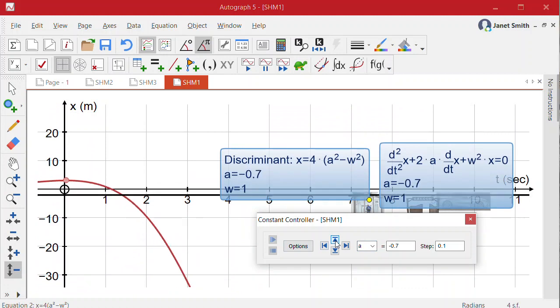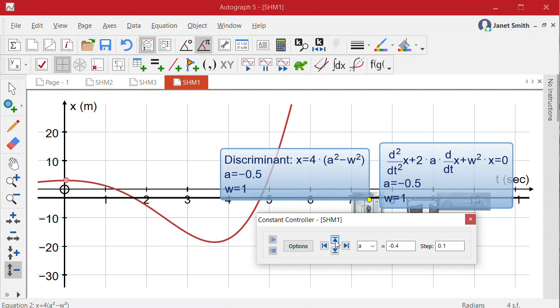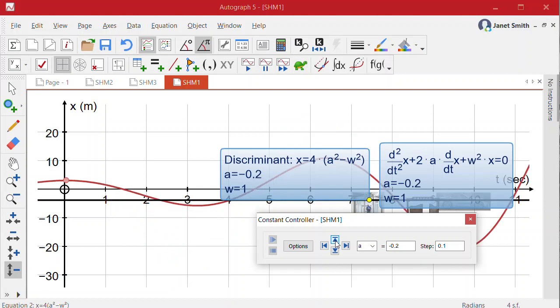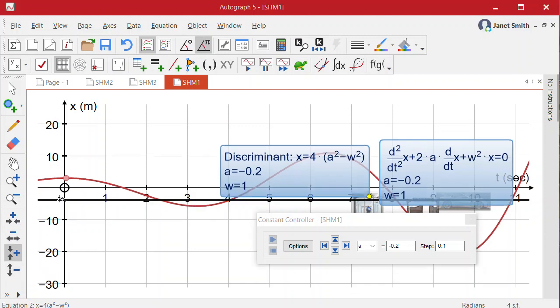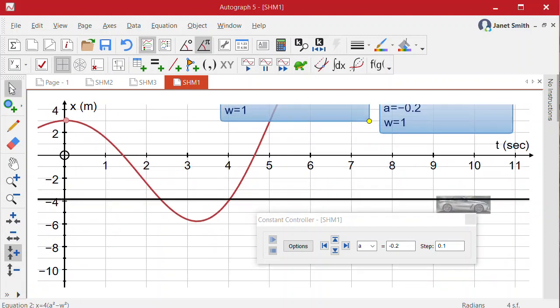I'm going to make my a slightly smaller so we can see that. Now we can see the oscillations continue and they actually get bigger and bigger. If I zoom out again, I can change my a value.